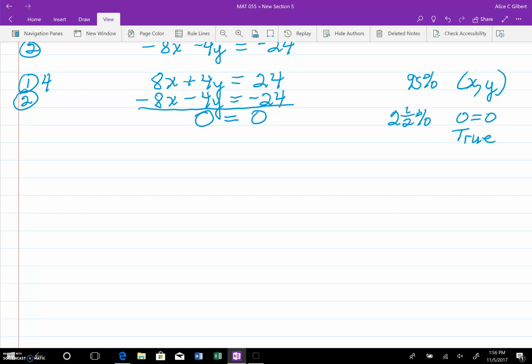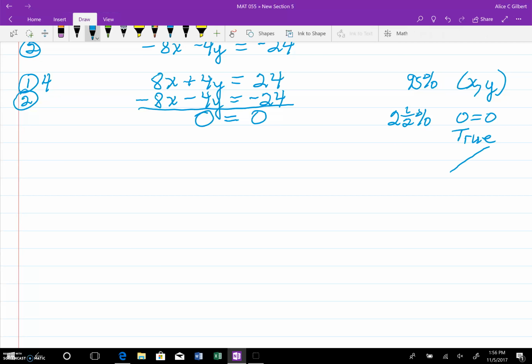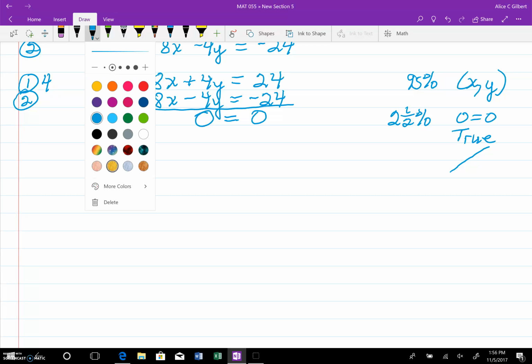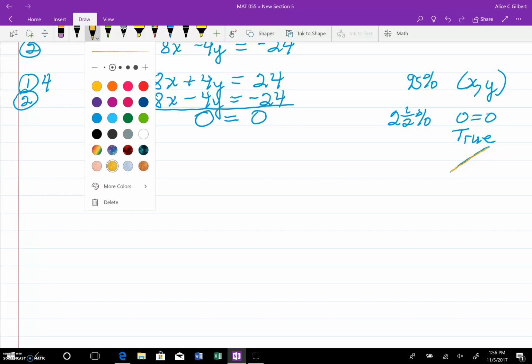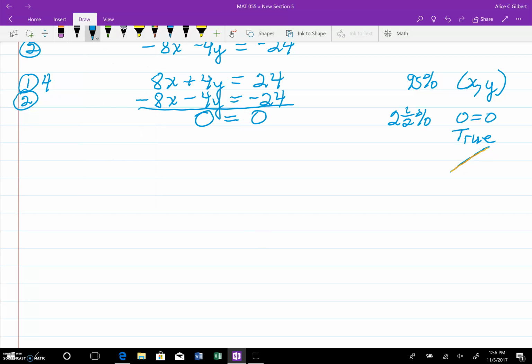And what it means is that if I were to graph the first line, it'd look like this. And if I were to then graph the second line, it would look like this. In other words, it's the exact same line.